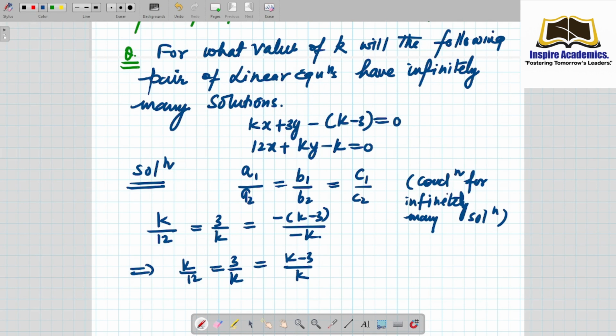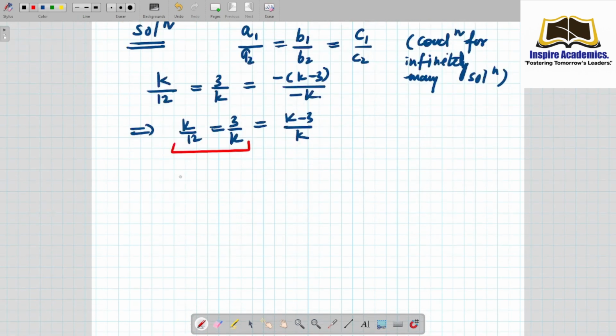So what is our condition? So the first two gives us what condition? Let us see. This would give us k square equal to 36, or k should be plus minus 6.